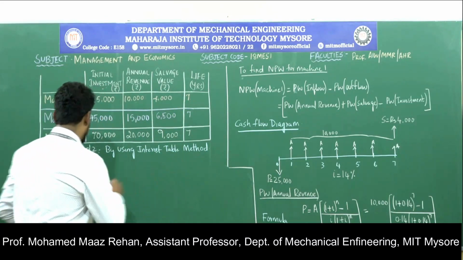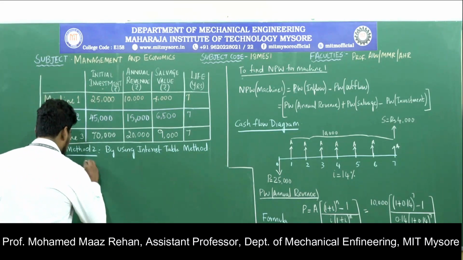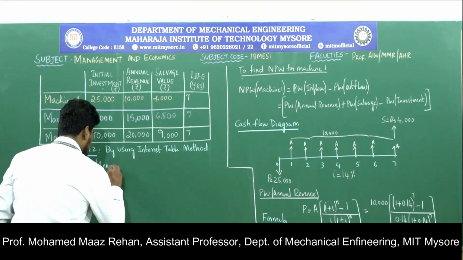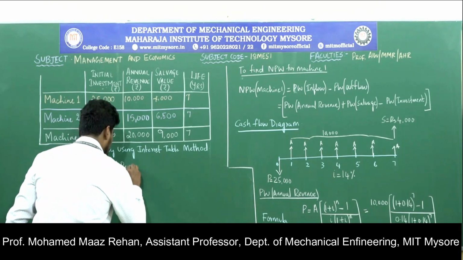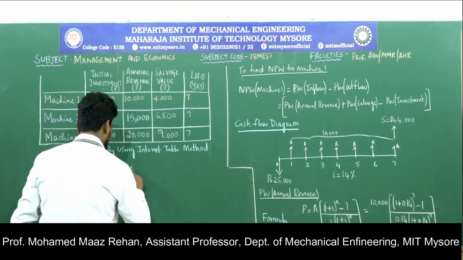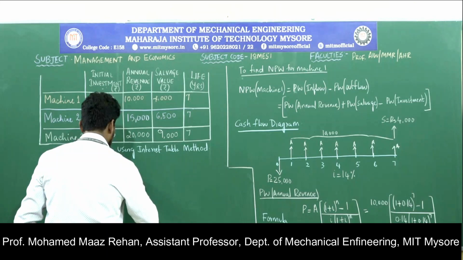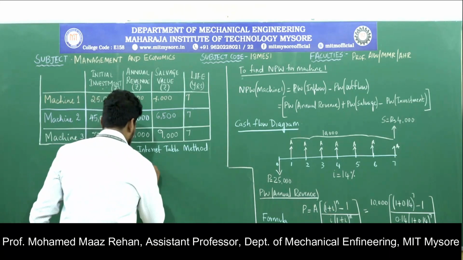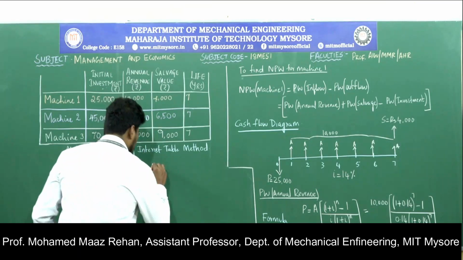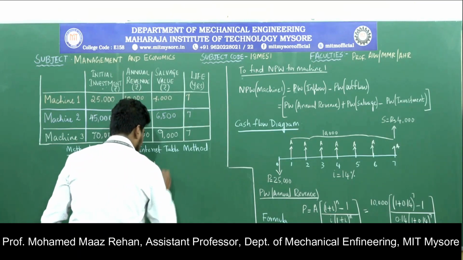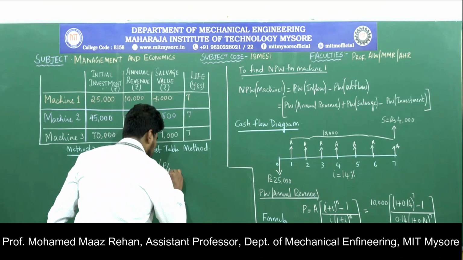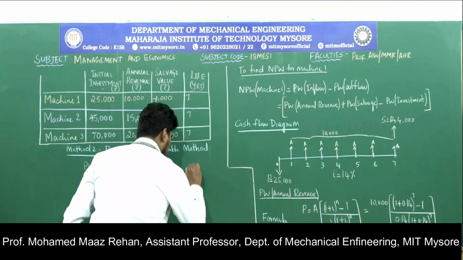So how we can find the present worth of annual revenue can be written as P bar A, I comma n.